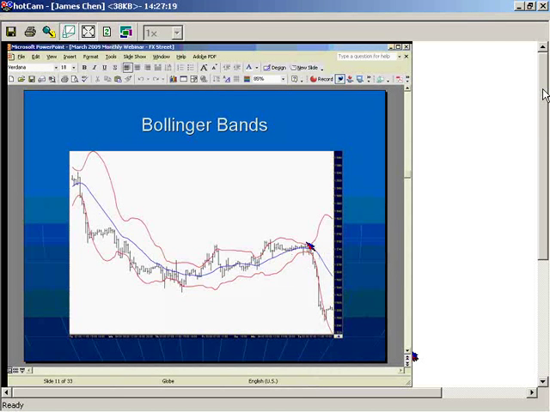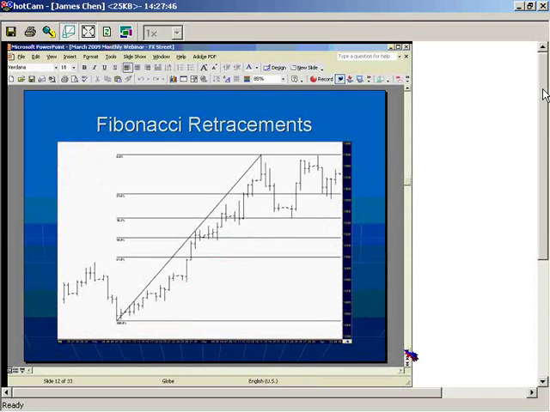You got a squeeze of the Bollinger Bands and then a breakout to the downside. I don't generally use this that much. I generally look for ranges and where there are turns after it hits one side of the Bollinger Bands. Okay, but this happens to be a good example of the Bollinger Band squeeze right here. Okay, so those are the Bollinger Bands, and then I've got Fibonacci retracements.